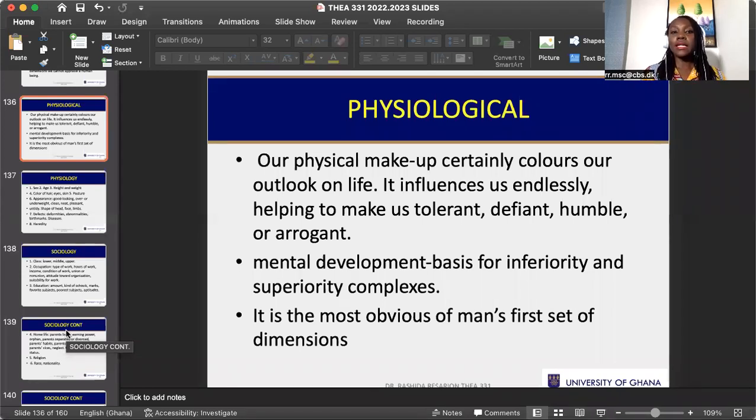And then you have this image in your mind, I'm a short person. Okay. And then it has other consequences, because they tell you, oh, within this society, it is only people who are tall who can do this. It is only people who are tall who can do that. And so you are forming opinions about yourself and what you can do.